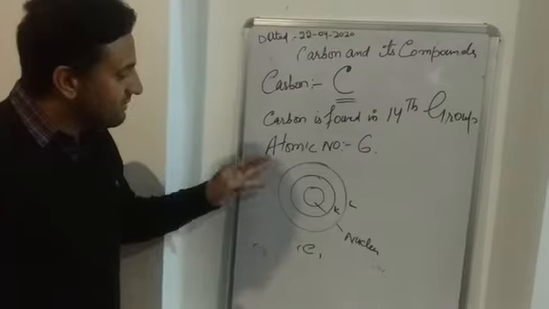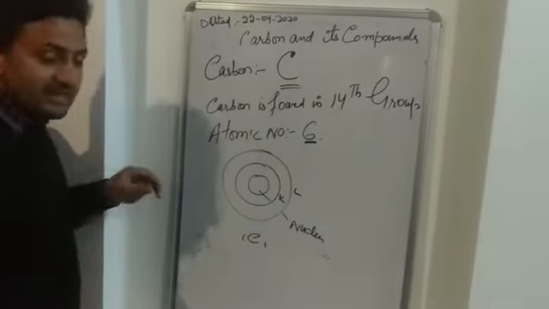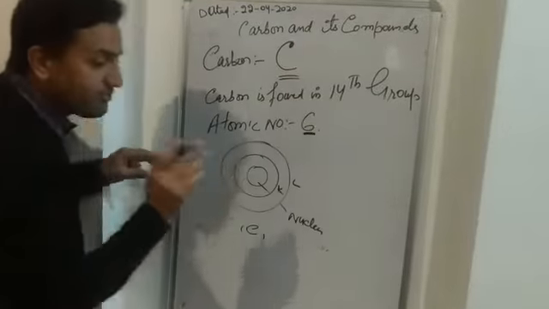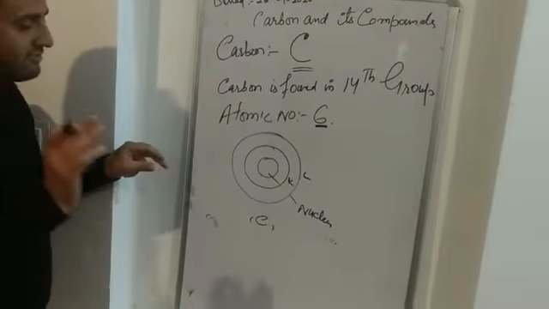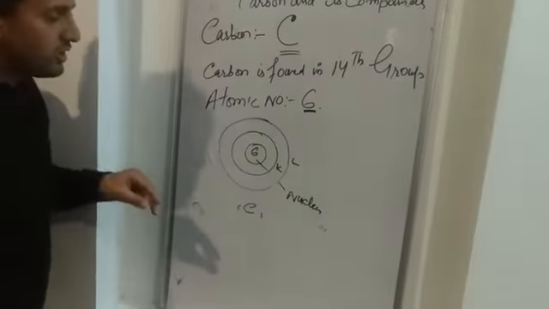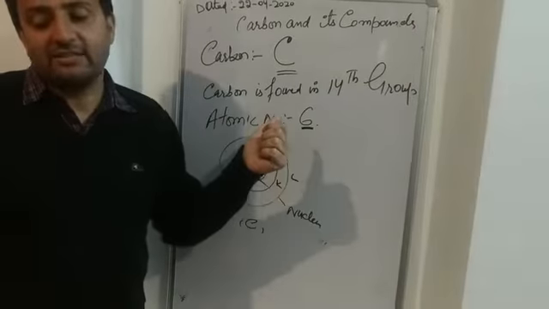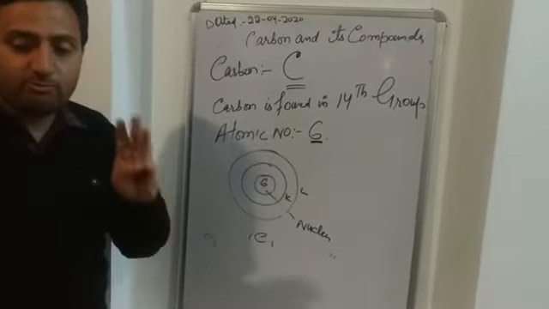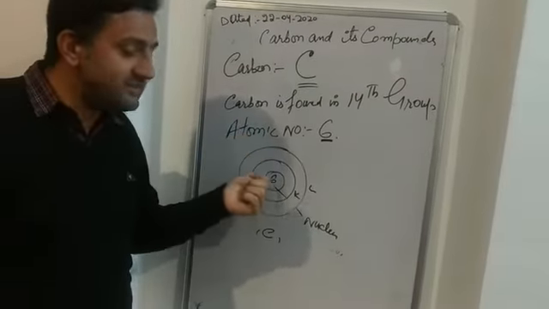So in carbon, I said its atomic number is 6. That means the number of protons, the small positively charged particles present in the nucleus, is 6. That's why we call the atomic number of carbon 6, because the number of protons present in carbon is 6.